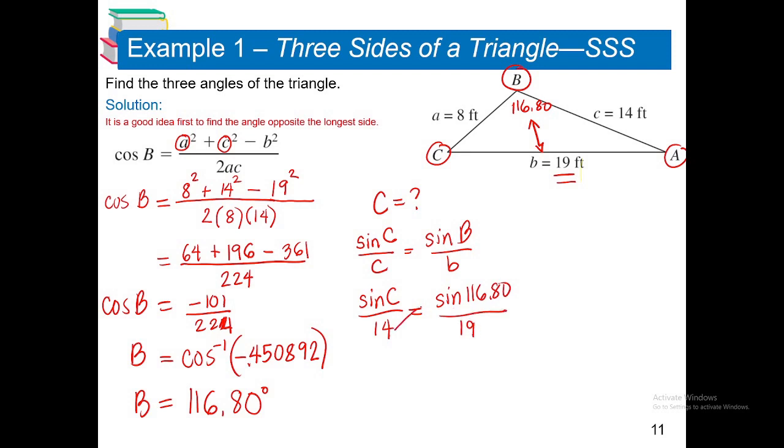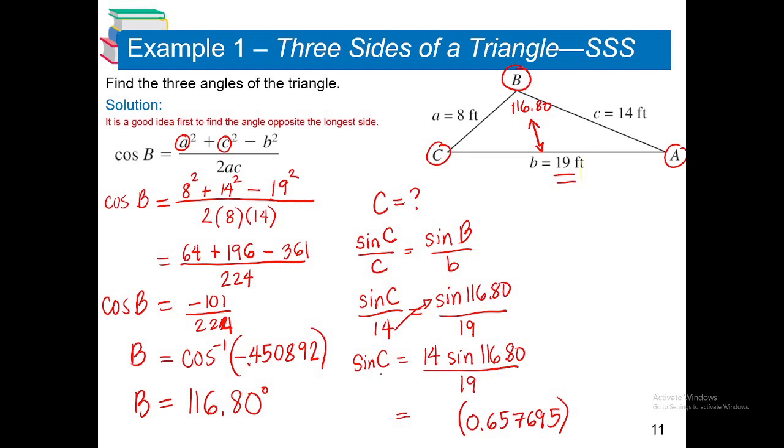So we move the 14 over: sine C is equal to 14 sine 116.80 over 19. Give me the answer in 6 decimal places. Do you have the same answer? 0.657695.